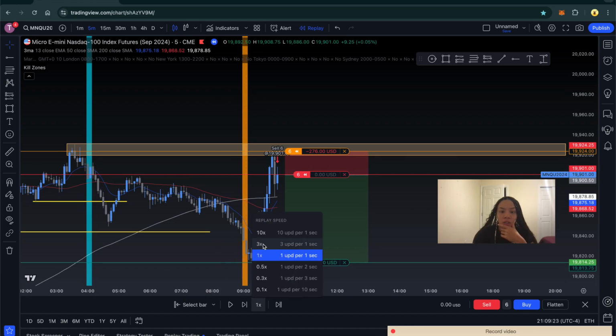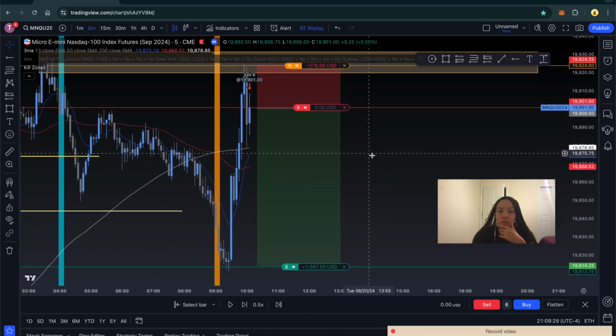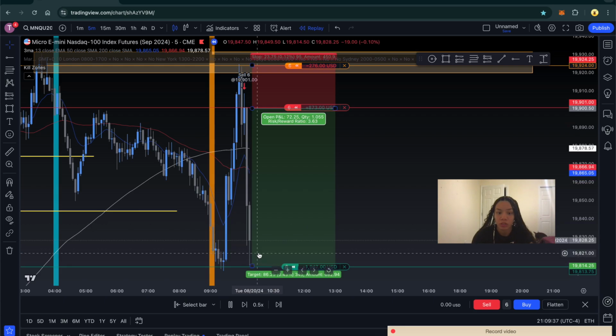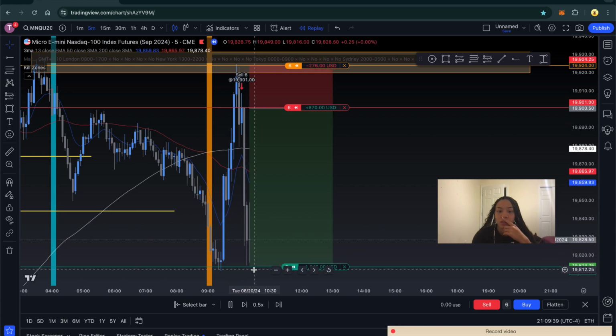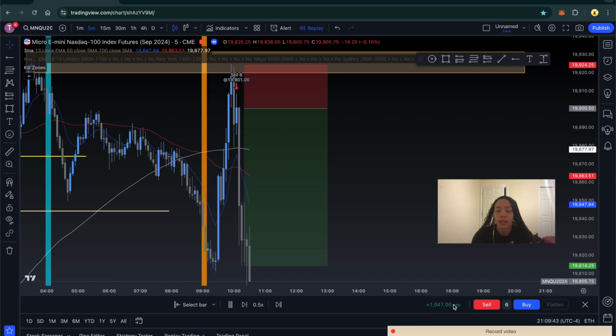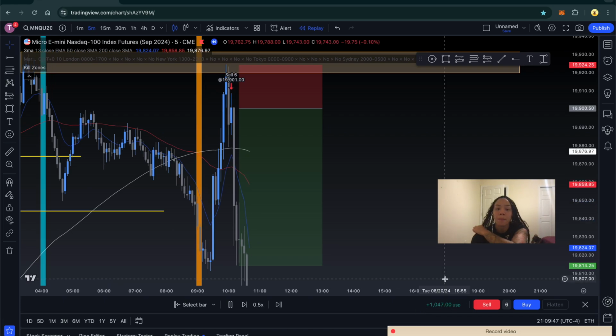So let's slow this down a little bit, and let's watch what it does now. Automatically, that candlestick hits our take profit. Now, if that was for 6 contracts, that would have been for $1,047.